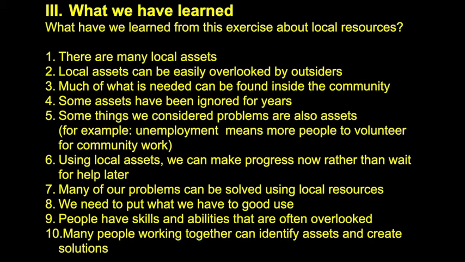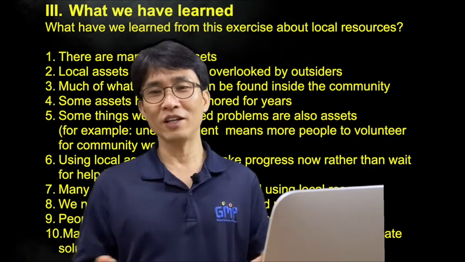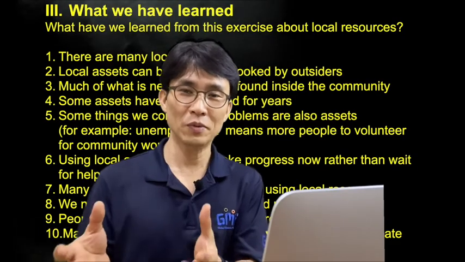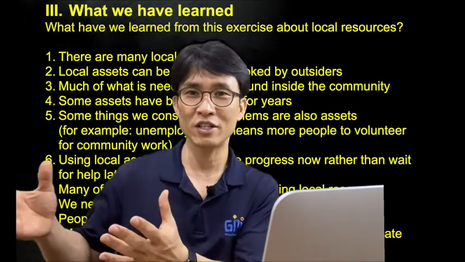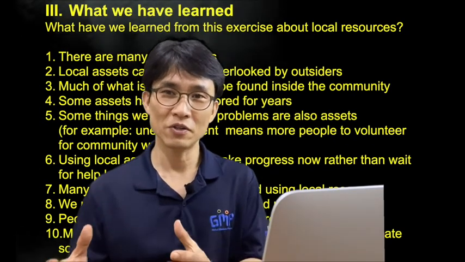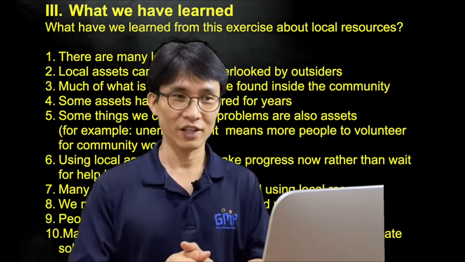Many people working together can identify the assets and create a solution. Do you remember that mountain story? We can overcome the problem like a mountain, right? Using local resources and working together in harmony, right?